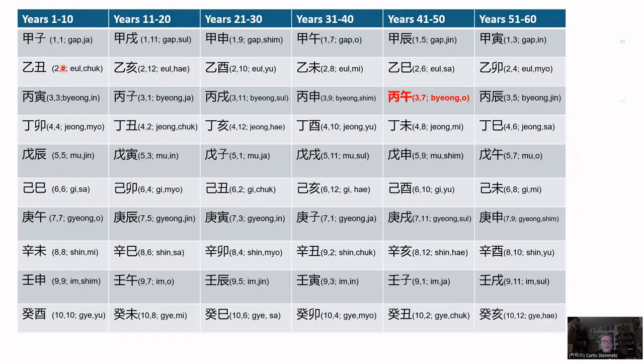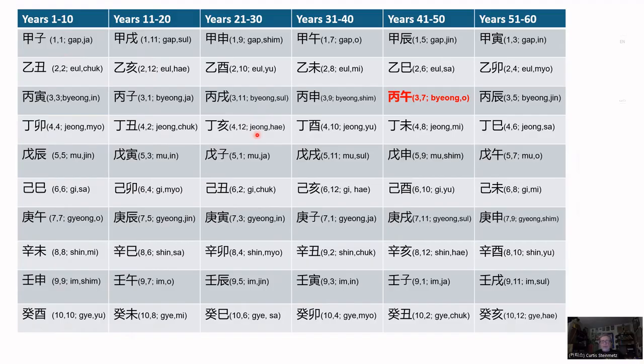These numbers are the numbers for the heavenly stem and earthly branch. The numbers in this column always go from 1 to 10, 1 to 10, 1 to 10, 1 to 10. The second number goes from 1 to 12, but you have to come around and go here to get to 12.